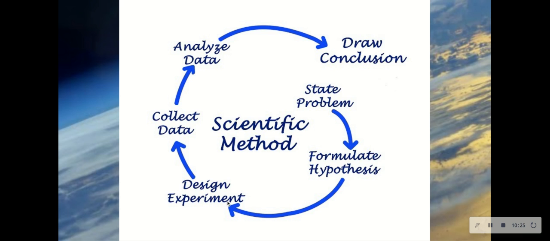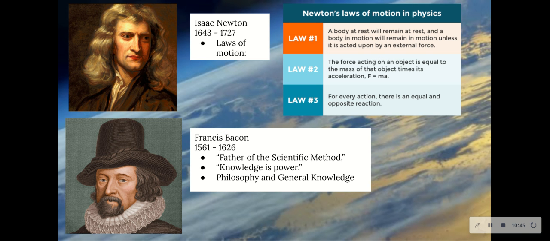Then you have to design an experiment, collect the data from the experiment, analyze it, and then draw a conclusion, which is to find an answer to your problem scientifically. Which is the method Isaac Newton used.